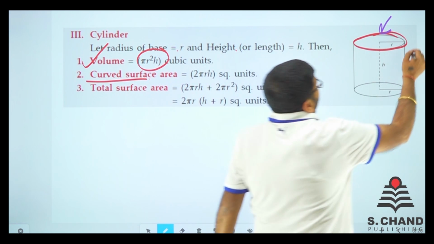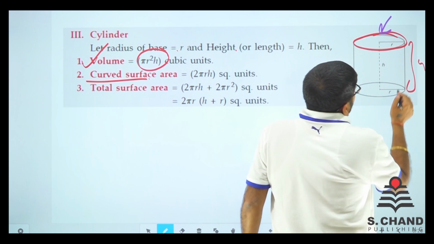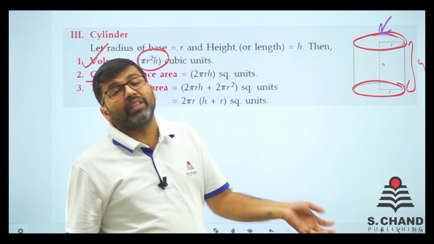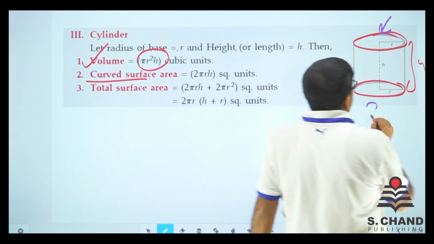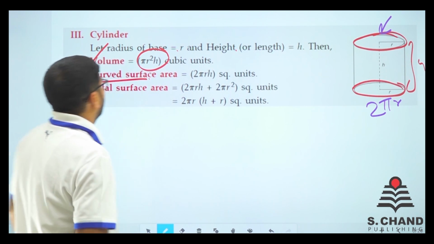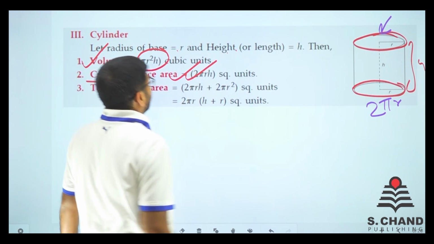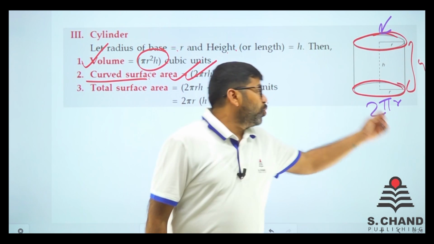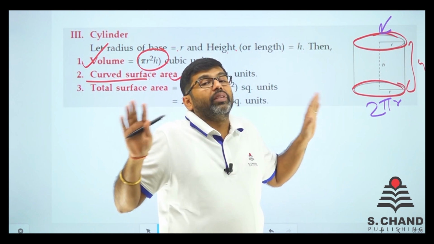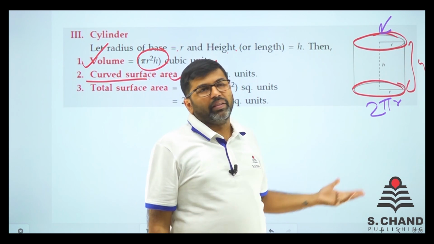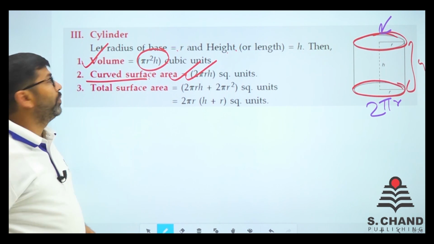Rectangle with one side as h, and the other side, the curved part, is the circumference of the circle. So what is that? 2 pi r. So 2 pi r into h, that is 2 pi r h, is the curved surface area. As I told you, 2 pi r is the length of the rectangle when it is opened, and h is the breadth. So we have got 2 pi r h.